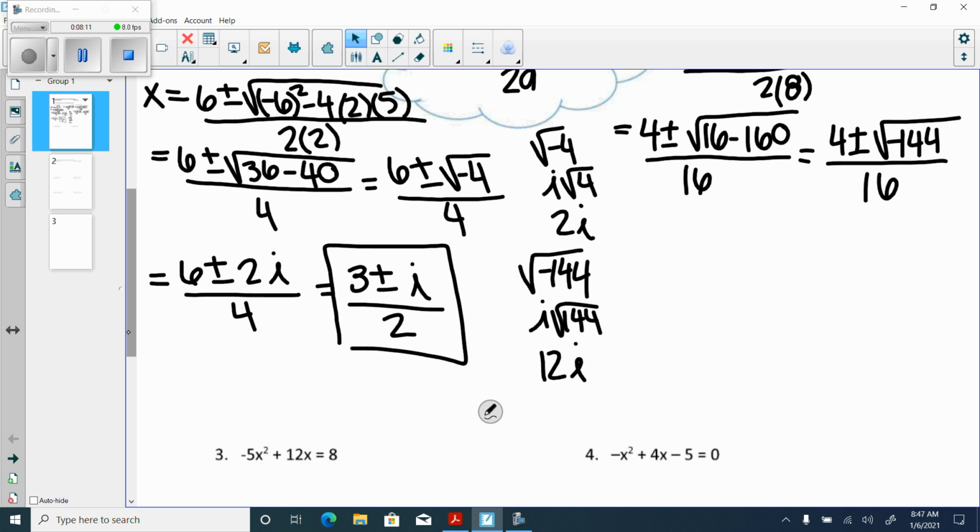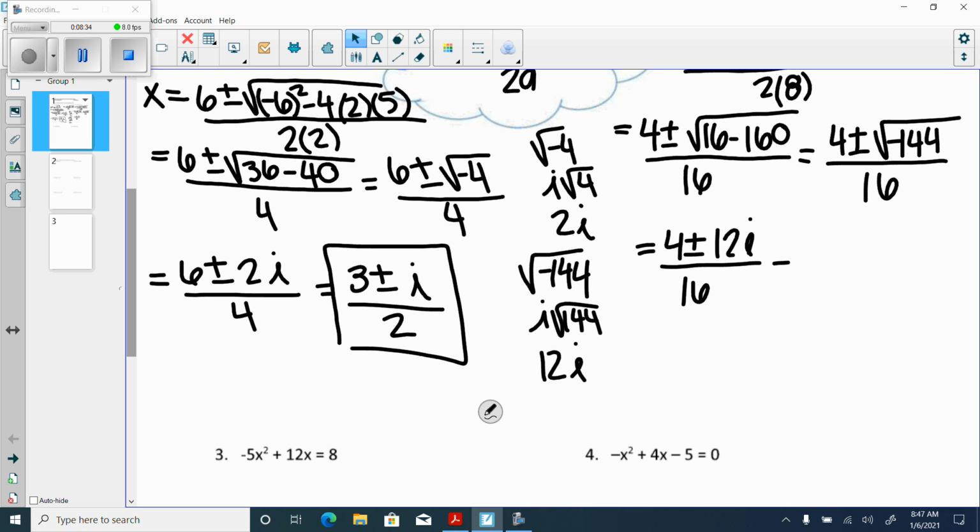Okay, so I can rewrite this and replace my radical with 12i. So we're going to have 4 plus or minus 12i all over 16. Okay, now what could we do?